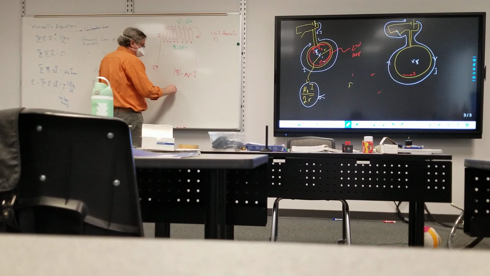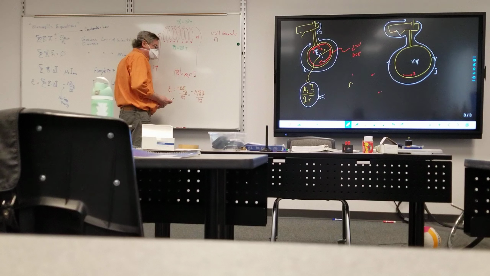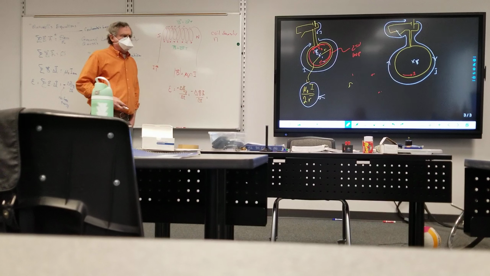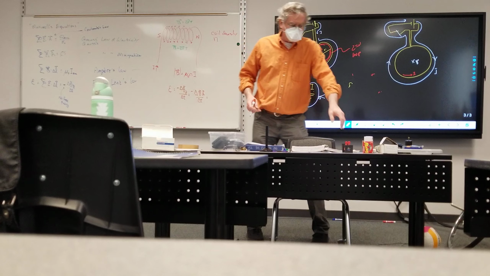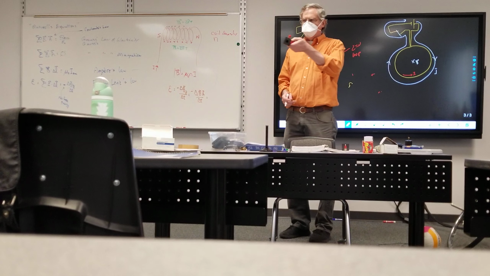So I know that the EMF, based upon Faraday's law, is going to be negative change in the magnetic flux over time, which is the negative change in B dot A over time. For a solenoid, once I turn the power on, this is not going to change a whole lot. This is a stiff enough material, the area is not going to change of any significance.